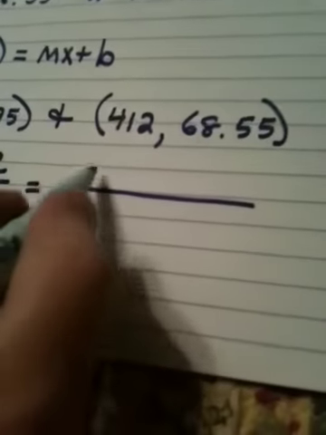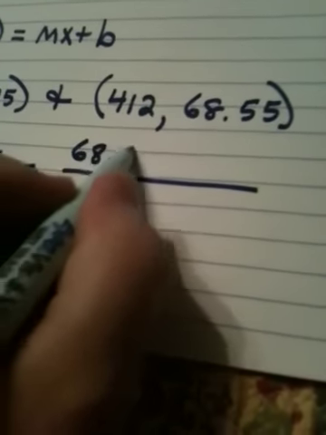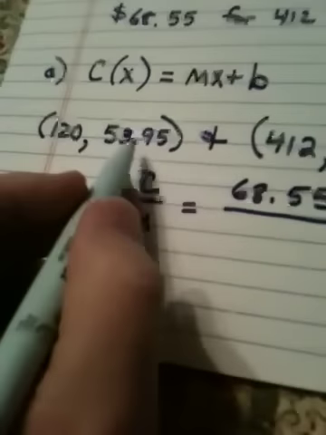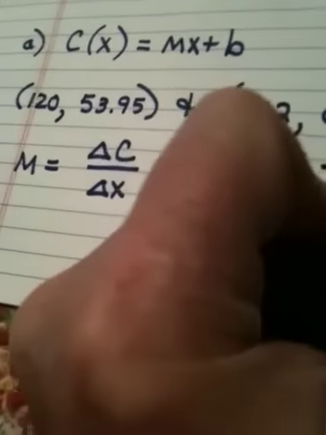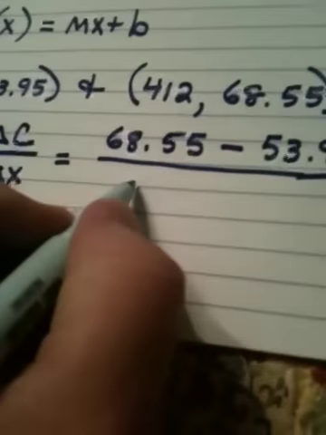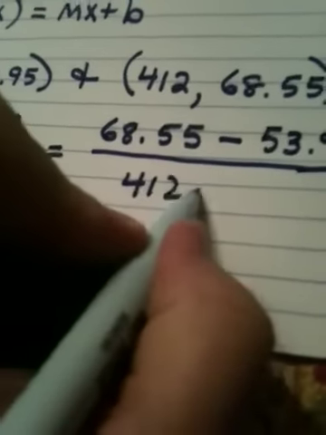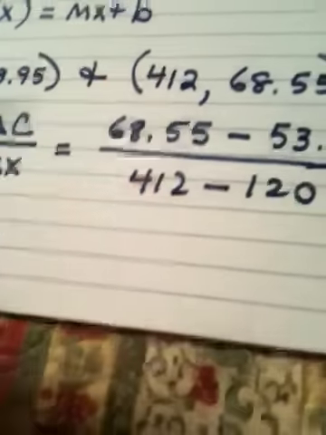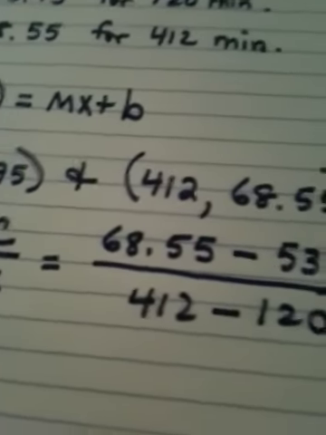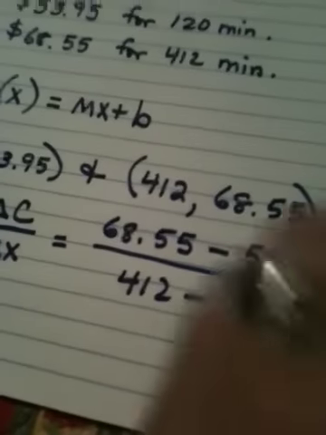We take this cost, 68.55, minus this cost, 53.95, and we divide that by the change in x. X is the number of minutes, so that would be 412 minus 120.